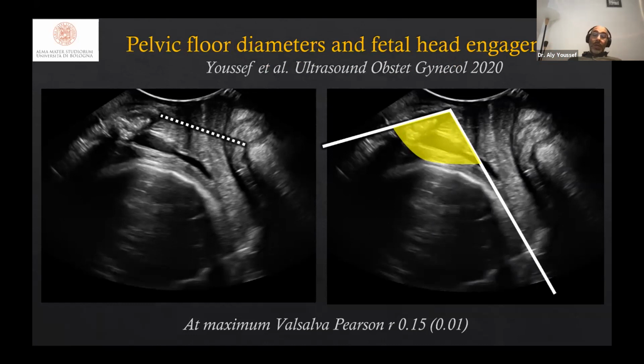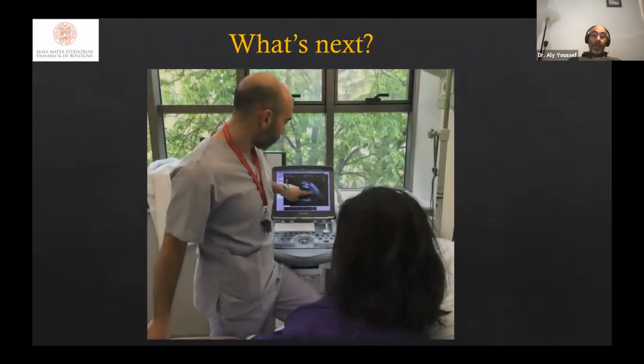So this is actually a new field in which we're still exploring a lot of aspects, but our aim and our perspective is to try and find a tool to help women undergoing vaginal delivery to better relax their pelvic floor, whether by visual feedback, by coaching in labor, or by physiotherapy or education before the onset of labor. There are no data yet on this specific aspect, okay?